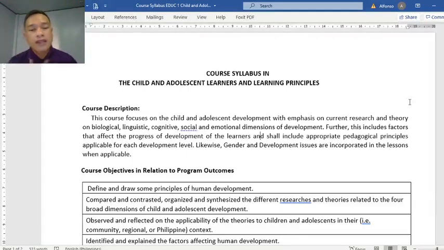And then the H is the heart to teaching. Those three or four are quite essential prerequisites in order for us to become effective teachers.